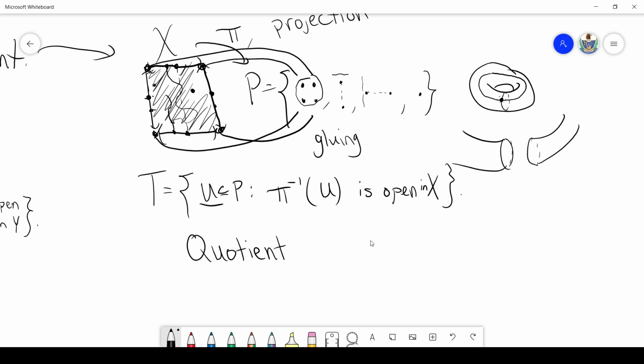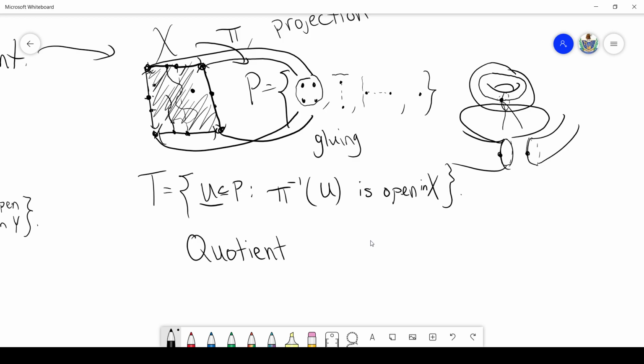Okay. Essentially what's happening here is that this point right here corresponds to the four corners, and these circles, which are connected, correspond to the two edges. And this circle, which goes all the way around, corresponds to the other pair of edges.